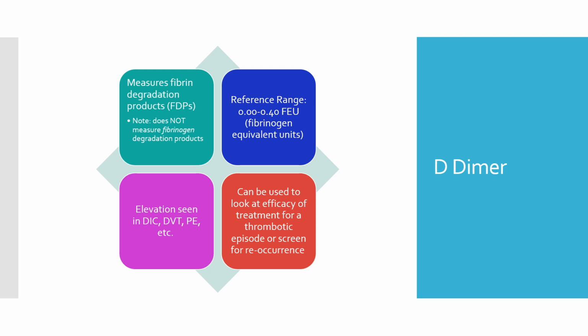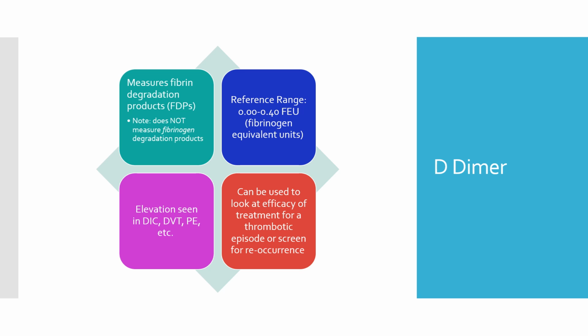There is another type of degradation products caused by fibrinogen degradation, but our D-dimer measures the fibrin degradation products, and the byproducts of fibrin degradation are two D, we call them D remnants, but anyway, they're in a pair, so we call them D-dimers.